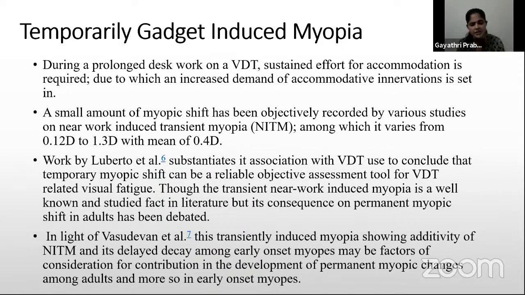There are a lot of studies which have been done across the globe on different populations, in young kids and young adults, and they've shown that with increased amount of near work, there is a tendency to develop myopia, especially in children.